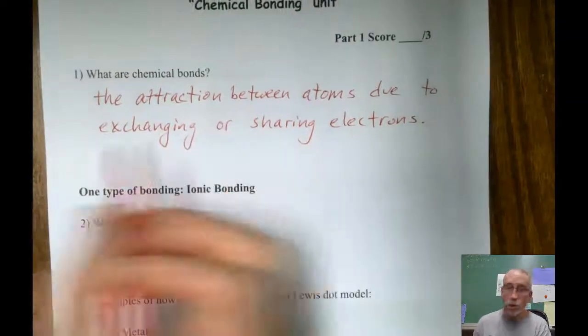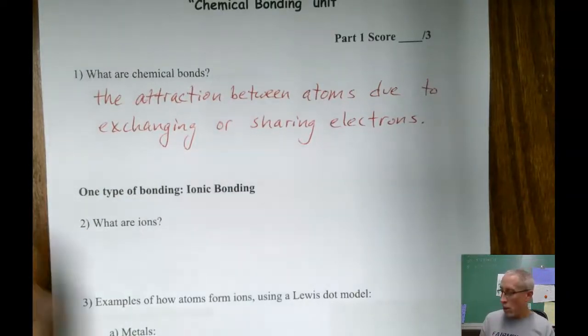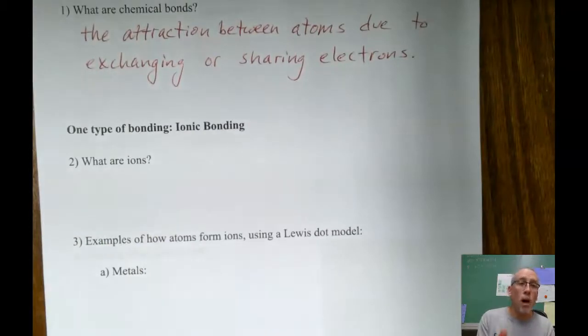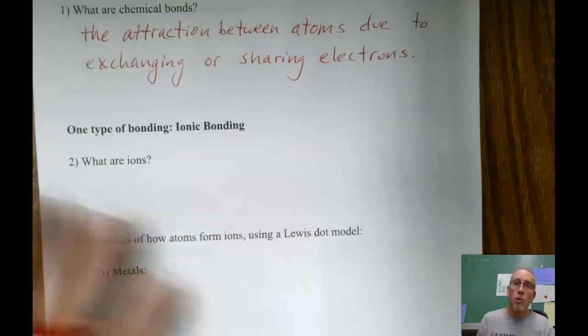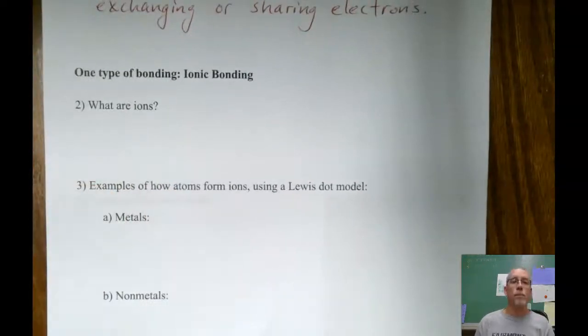Again, that exchange or sharing is all because atoms are trying to fill their outer energy level, okay? So there's 3 different kinds of bonding, which I'll describe in part 2, but we're going to look at probably the simplest one to describe, which is called ionic bonding, okay? So to describe ionic bonding, we first need to know what we mean by an ion, all right?